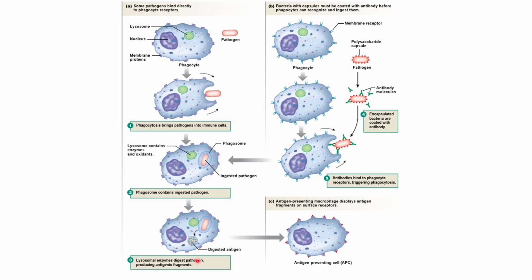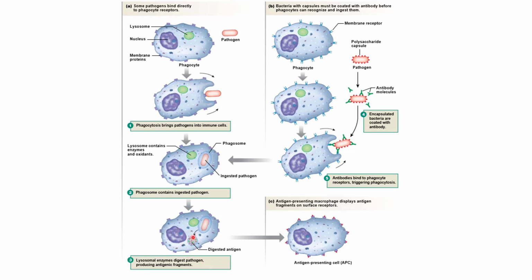Once it's inside the neutrophil, it'll use a lysosome with enzymes to digest that pathogen and destroy it. After it has destroyed it, if it is an antigen-presenting macrophage, it can then break it down.